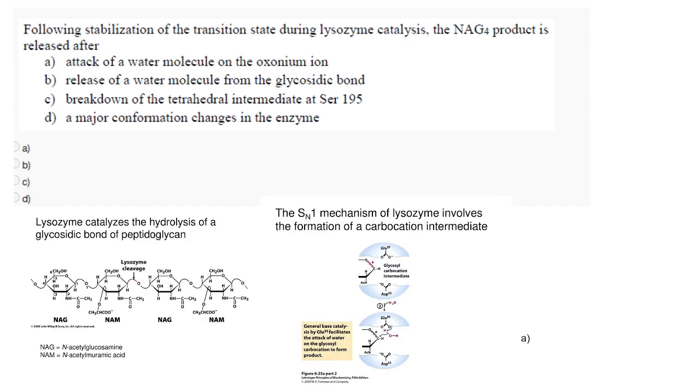So here's the mechanism. The lysozyme catalyzes the hydrolysis of a glycosidic bond in peptidoglycan.